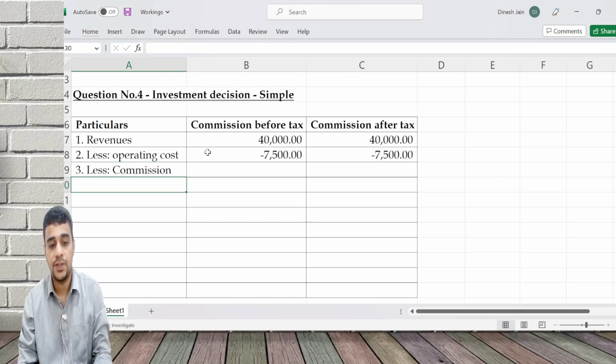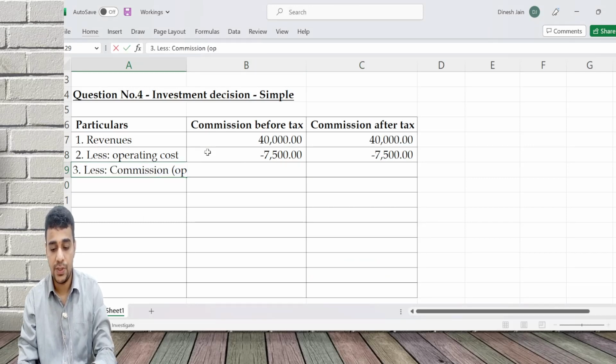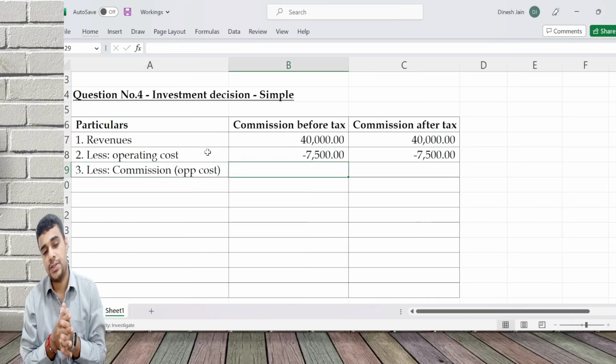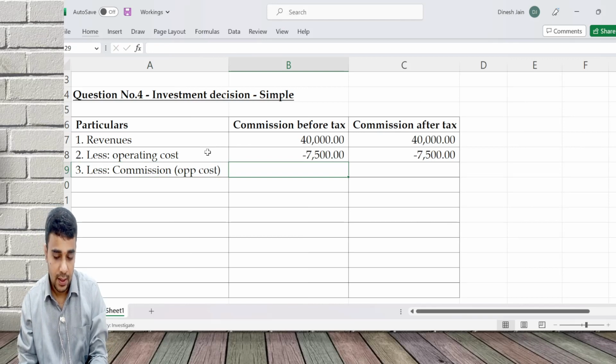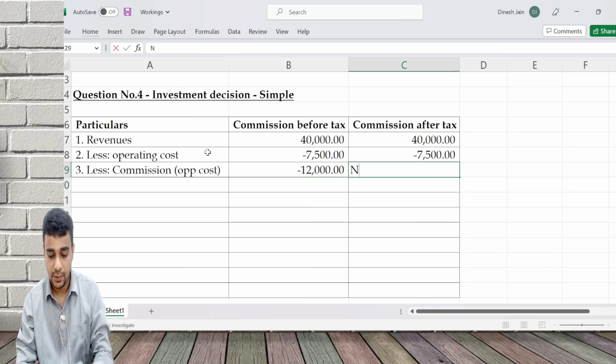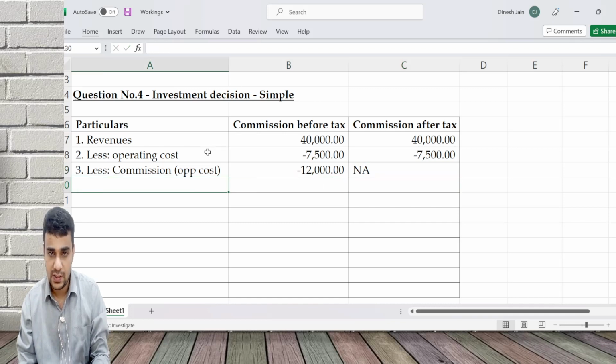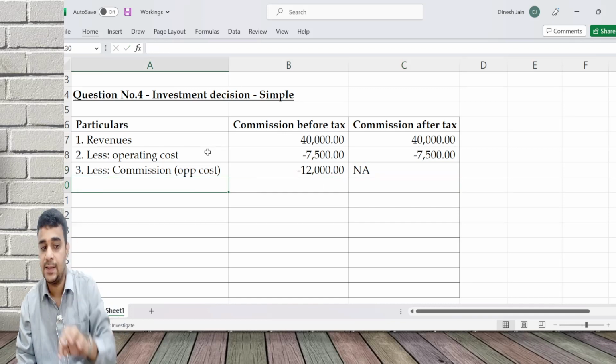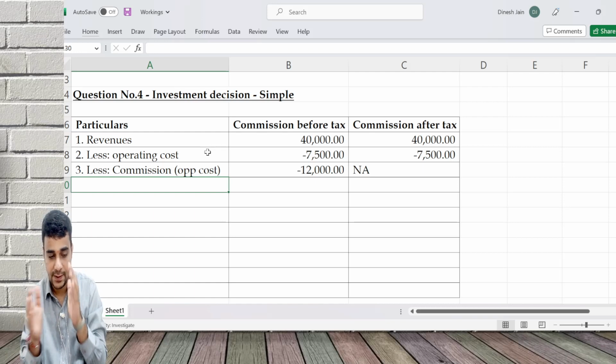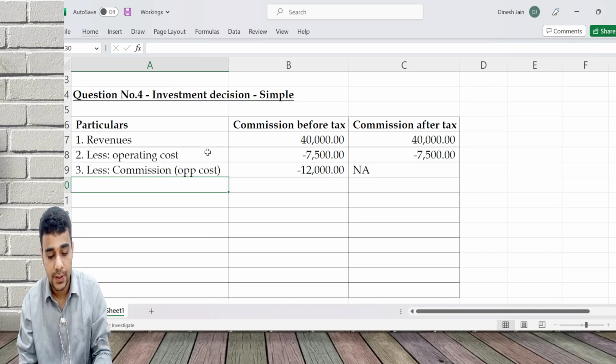Commission is an opportunity cost. I will lose this commission income the moment I buy this machine. If it's before tax, subtract it here. If not, I'll not subtract it here; I'll calculate CFAT and then subtract it. This will lead to a difference in the answer. Commission, opportunity cost.